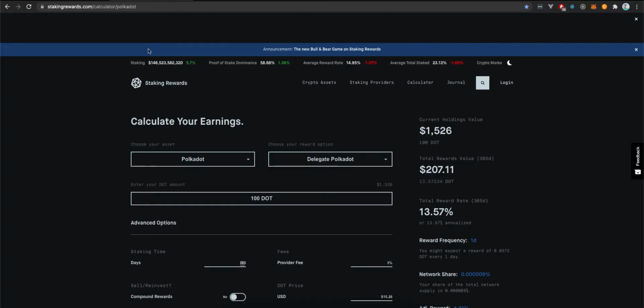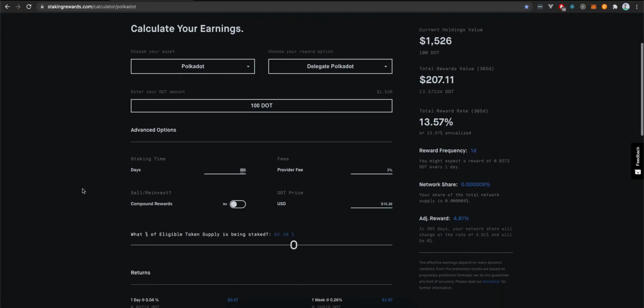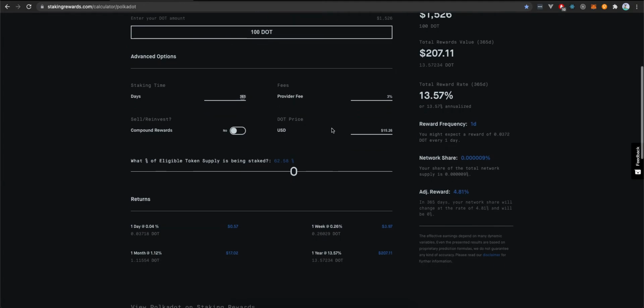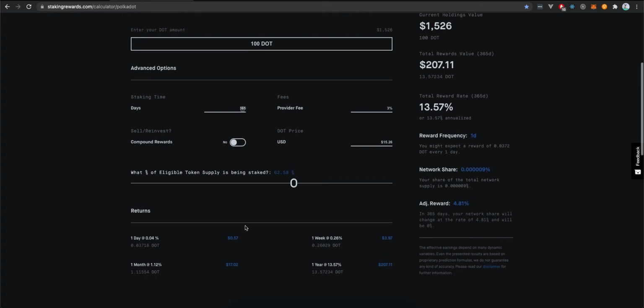If you go back to the Polkadot staking calculator, and we say that we have 100 DOT staked, again in US dollars, every day you're going to get something like 57 cents. Every month you're going to get $17, every week $3, and every year $200.